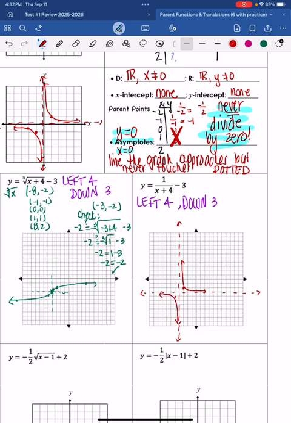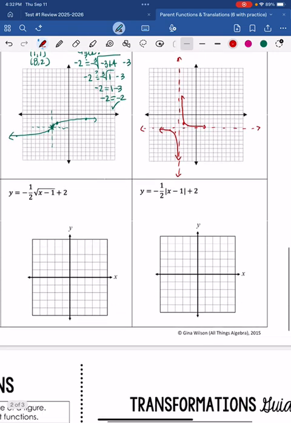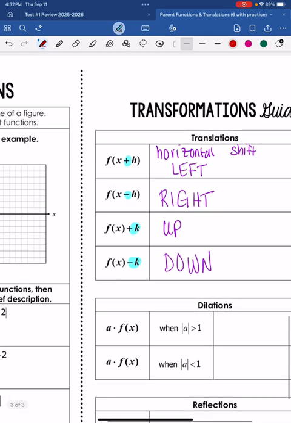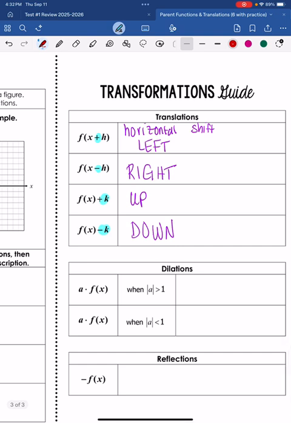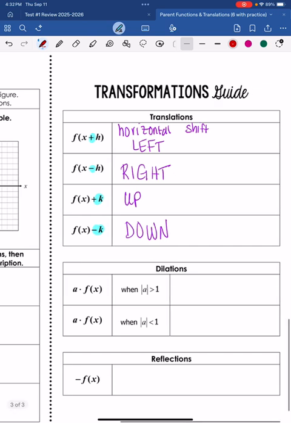Okay, so let's go back to, I know I'm having you shuffle around a lot. Let's go back to the second page, which was these transformations. So notice I left part of this blank because we haven't gotten there yet. Okay, we have these things called dilations. A is the coefficient, that's a fancy word, coefficient, on the function.